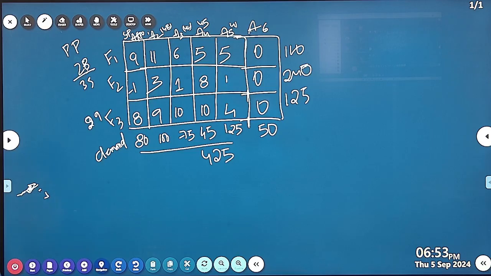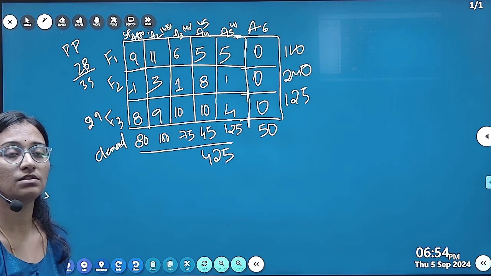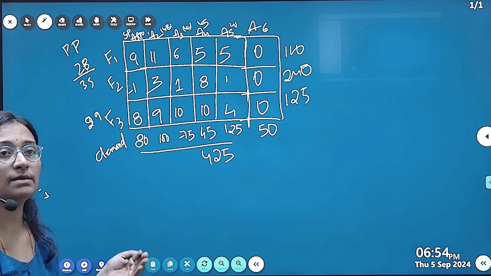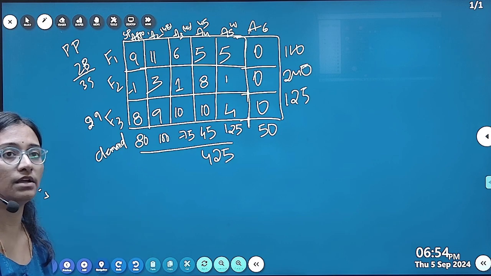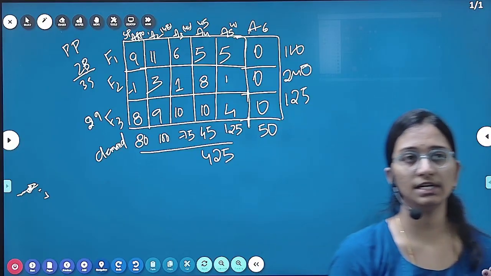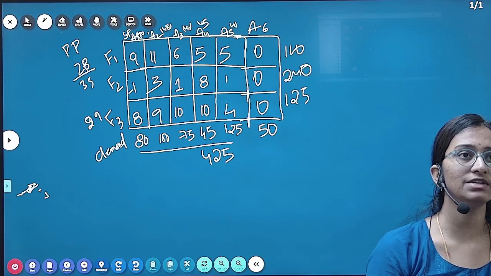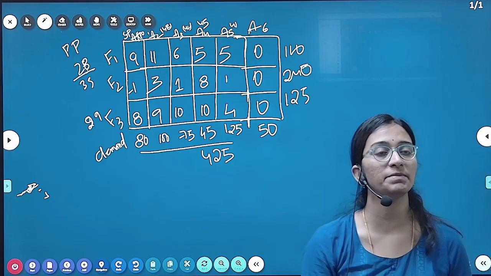Now the question is telling us to set up the initial transportation matrix for minimization. Here they have given cost, so the cost is more and we need to minimize the cost. In some questions they will give the profit, and when the profit is given, we need to do a loss matrix, a loss making matrix.